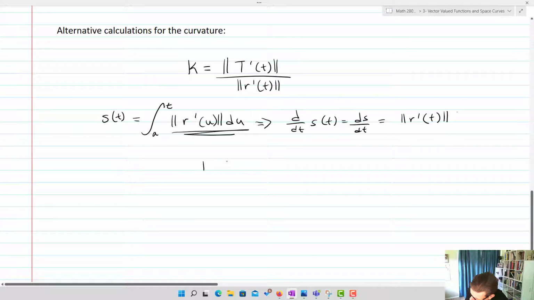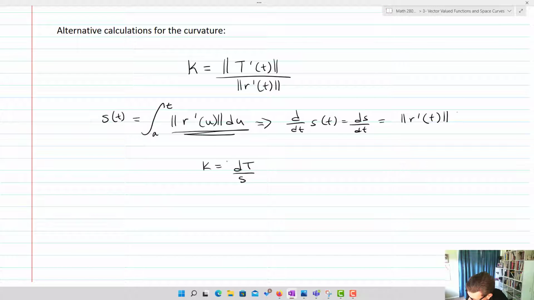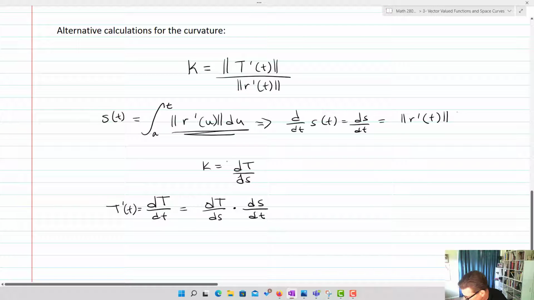So remember that curvature is going to equal dT/ds. If I write this up, the derivative T prime of t is dT/dt, which equals dT/ds times ds/dt, by the chain rule.